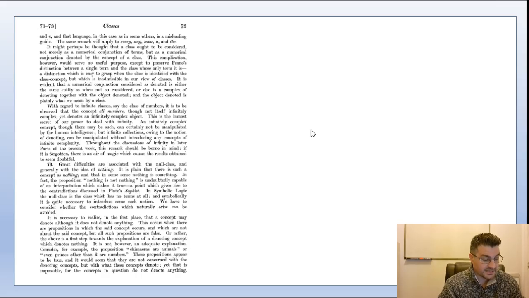With regard to infinite classes, say the class of numbers, it is to be observed that the concept all numbers, though not itself infinitely complex, yet denotes an infinitely complex object. This is the inmost secret of our power to deal with infinity. An infinitely complex concept, though there may be such, can certainly not be manipulated by the human intelligence.